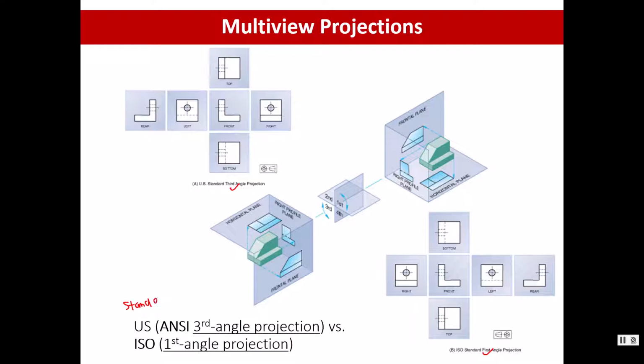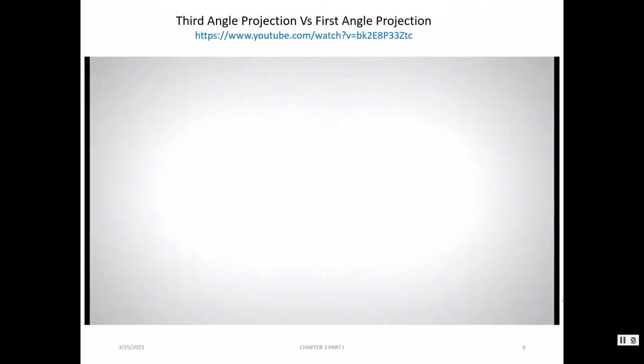The ANSI standard, used by the American National Standards Institute, prefers the third angle projection, while some other countries, especially European, including Malaysia too, follow the ISO standard, which prefers first angle projection. So it's just a matter of rearranging the views actually, but I would like to show you a video on how to differentiate between these two types of projection.